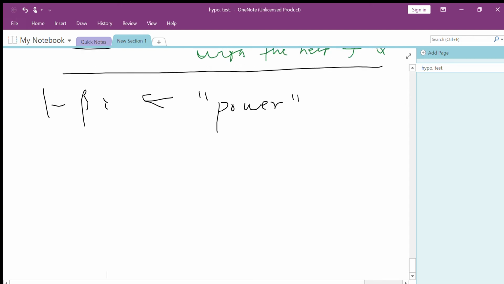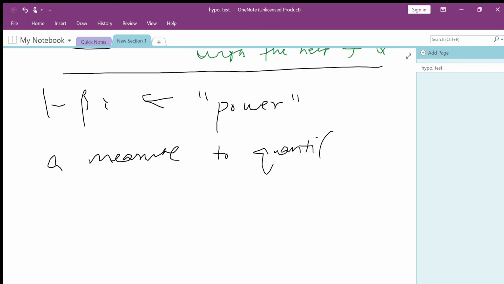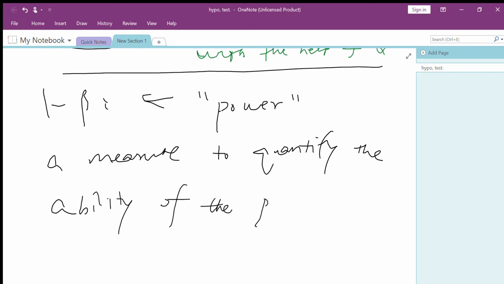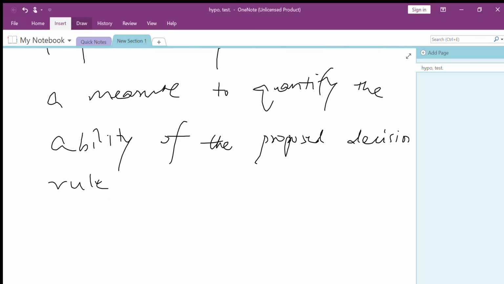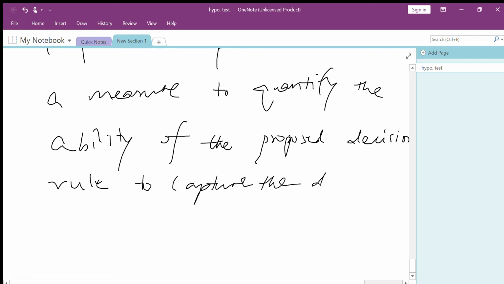It is a measure to quantify the ability of the proposed decision rule to capture the deviation from H null.